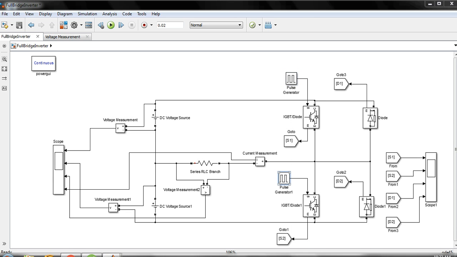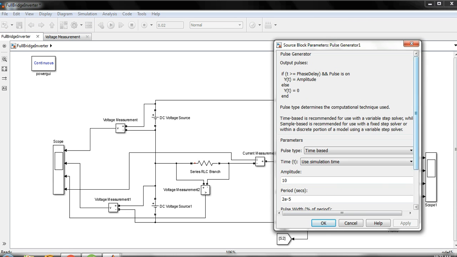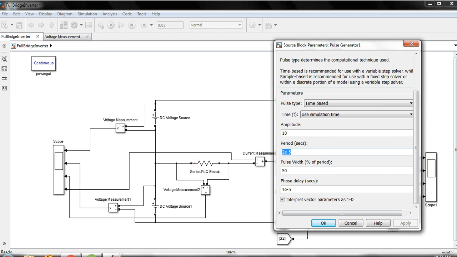This pulse generator has a period of 2 e raised to the power minus 5, that is 50 kilohertz frequency and 50% pulse width, with 1 e raised to the power minus 5 as phase delay. That means this switch will conduct after 1 e raised to the power minus 5 seconds for 50% duration, that is up to 2 e raised to the power minus 5 seconds, and it will continue.